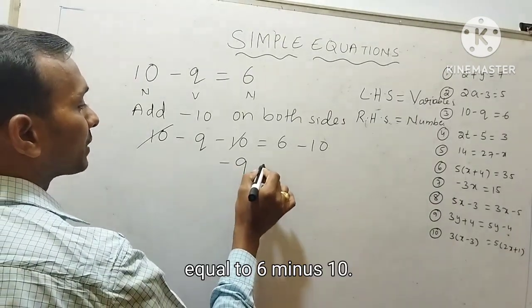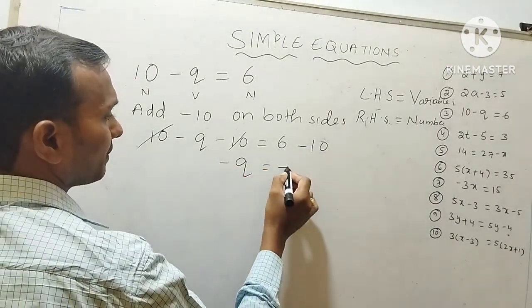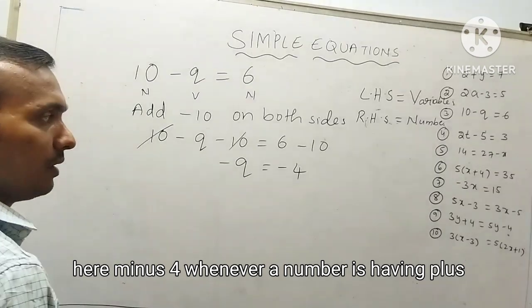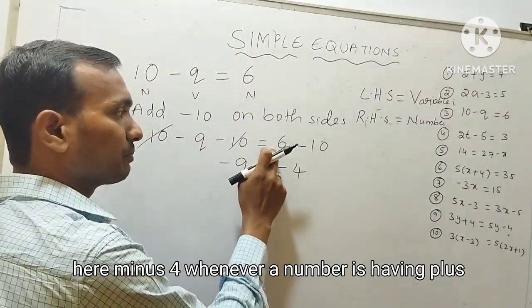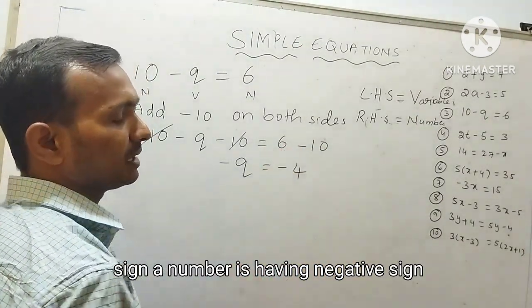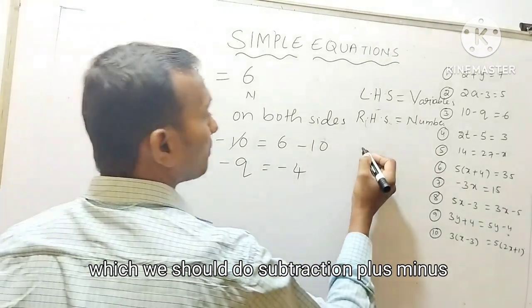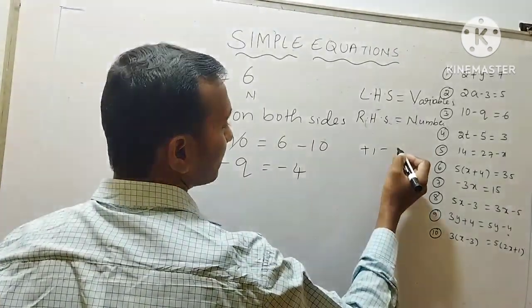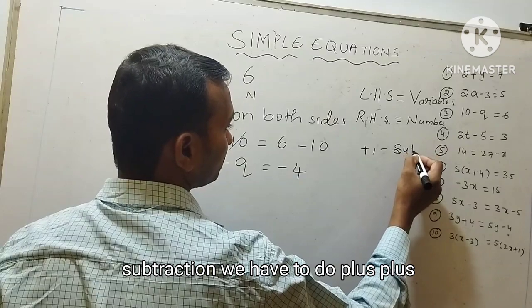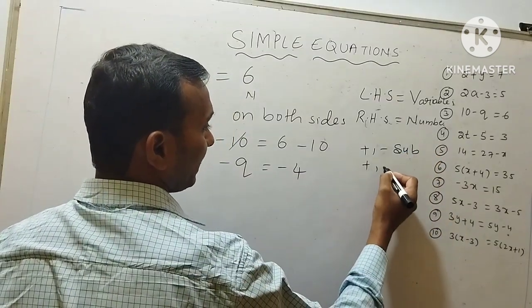Minus q equal to 6 minus 10, which is minus 4. Whenever one number has a plus sign and the other has a negative sign, we should do subtraction. Plus minus, subtraction. Plus plus, addition.